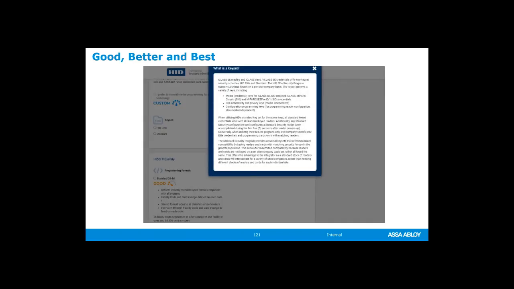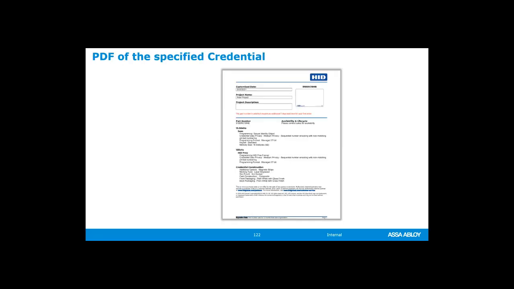HID Elite security program supports unique key sets per site and company basis. The Standard security program provides a universal key set that offers maximum compatibility with card readers and matching security for the general public. And lastly, after you've gone through all those steps, you can get a PDF of everything you just specified.